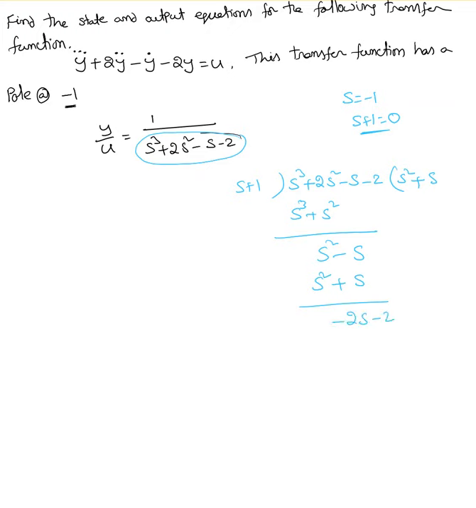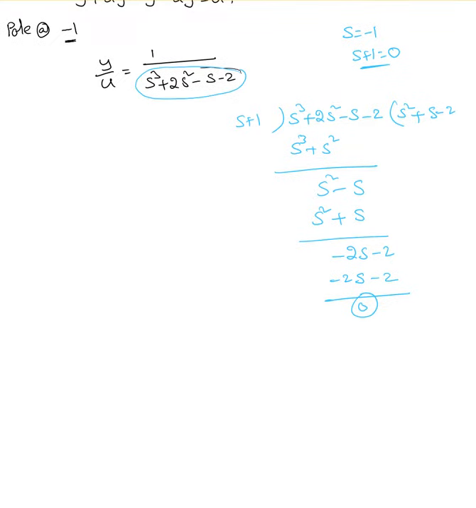Then minus 2s minus 2, so I multiply with minus 2, and I end up with 0. So basically y by u equal to 1 over s plus 1 and s square plus s minus 2. That's what the remaining 2 poles are.